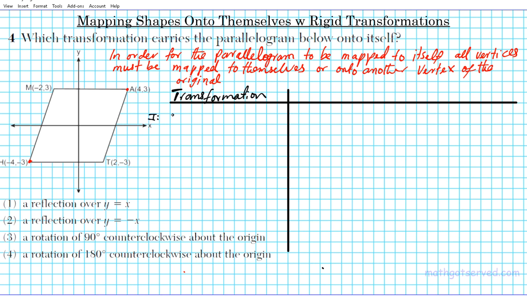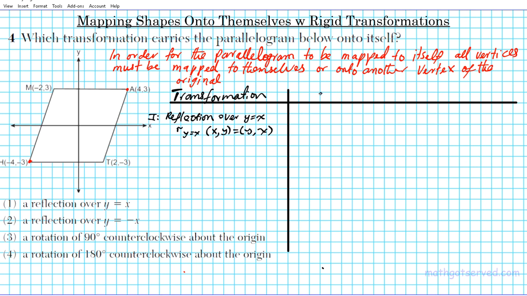For option number 1, we have a reflection over y equals x. For a reflection about y equals x, the coordinate xy gets switched to yx. So you just interchange the coordinates.